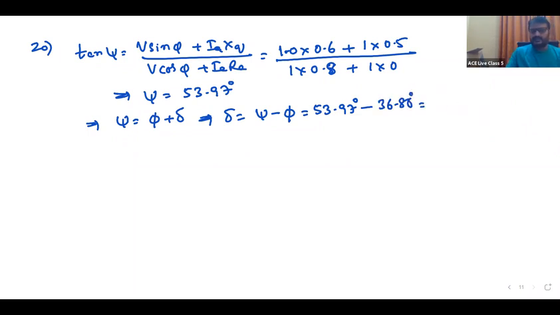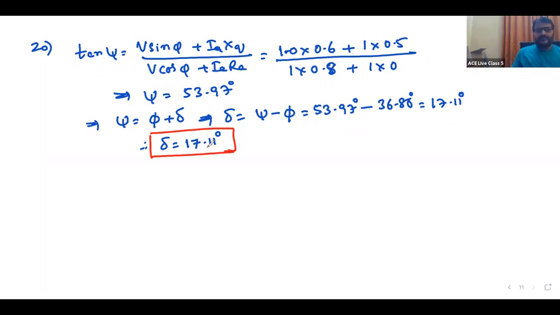Then delta is 17.11 degrees. This is one answer, the delta. We have calculated tan psi and delta.